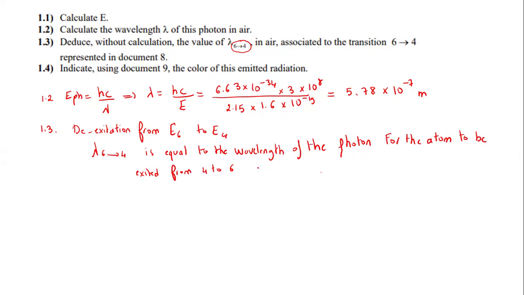So lambda equals 5.78 times 10 to the power negative 7 meter.